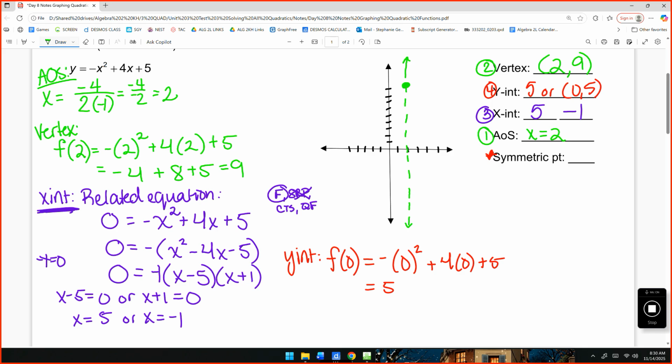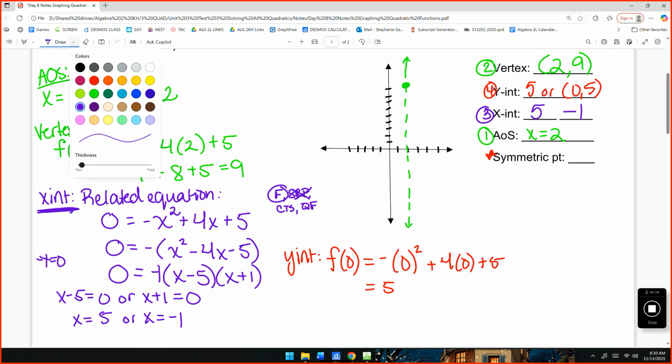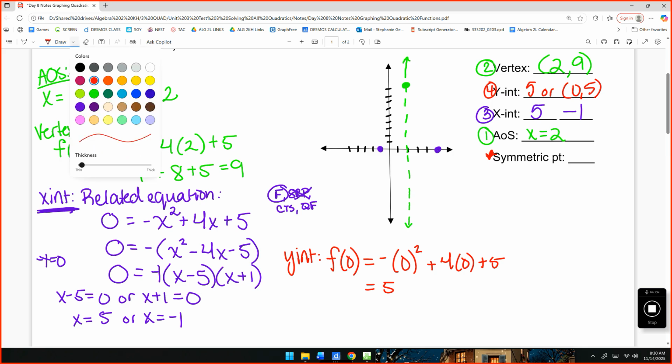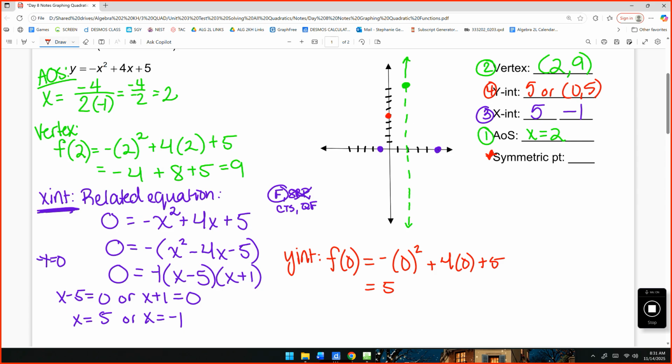My x-intercepts are 5 and -1. And the y-intercept is 5. Okay, so we start to see this take shape.